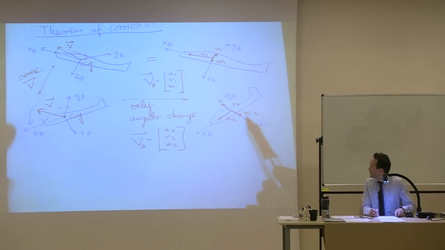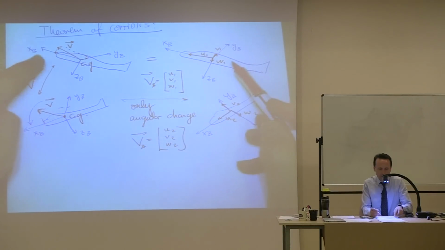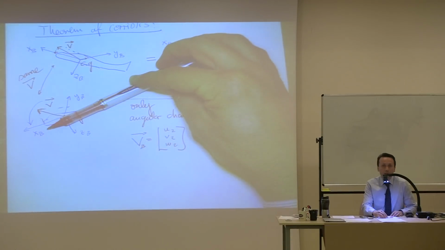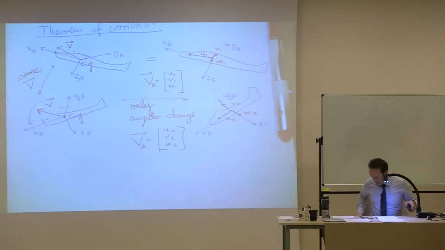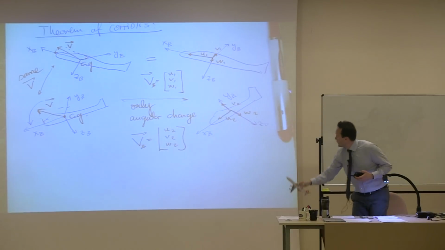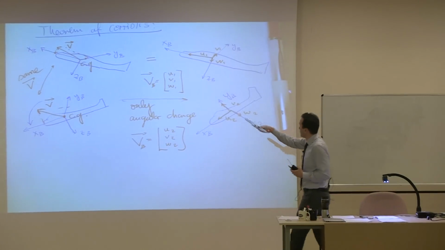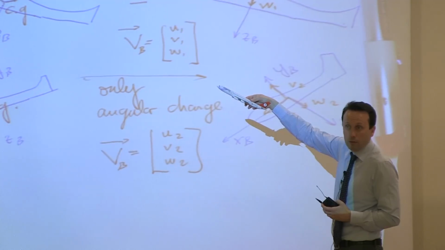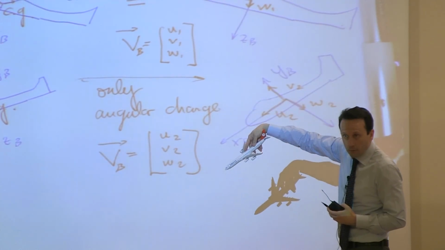I was trying to plot the same airplanes here and here. I'm just trying to show an airplane that goes from here to there. Okay? So it's basically an airplane that is doing this. In the first picture you have this, and in the second picture you have this.